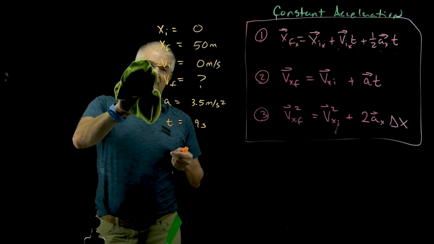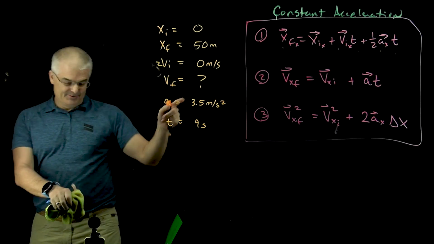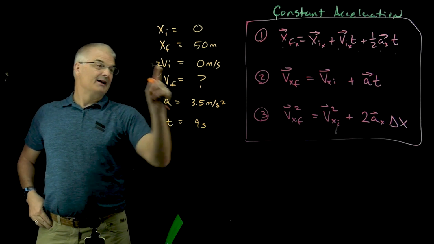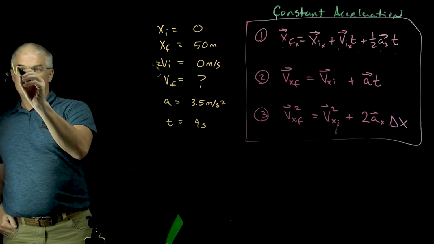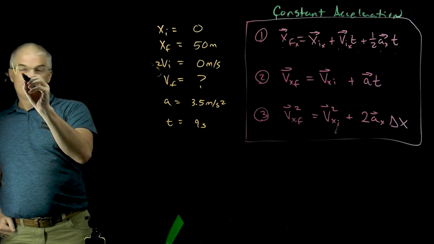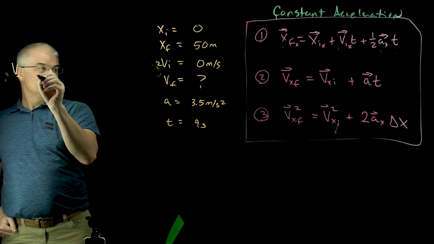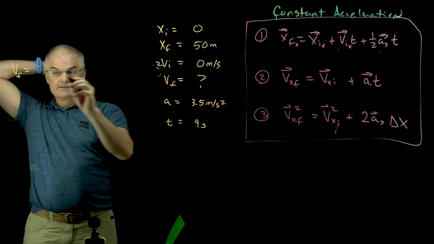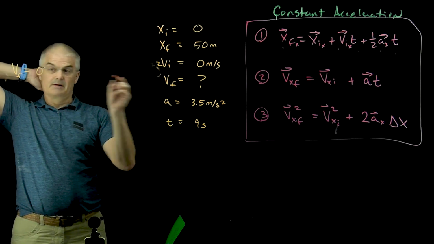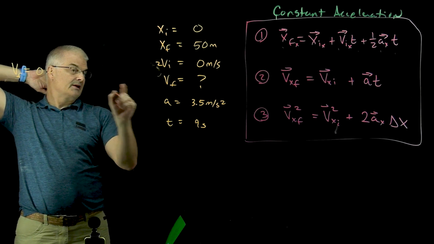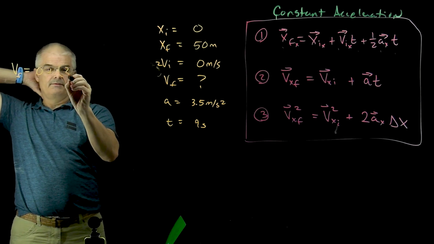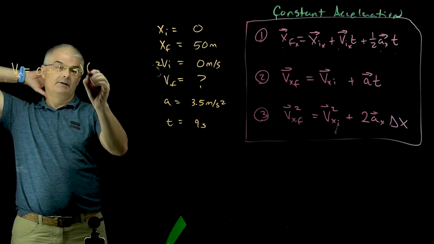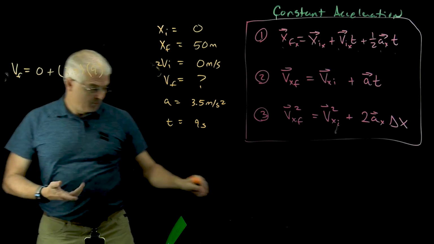Now let's try that one more time. We're going to use equation 2. I want to find the final velocity. So equation 2 is v final equals v initial. What's the initial v? 0. Plus a times t, which is 3.5 times 9.